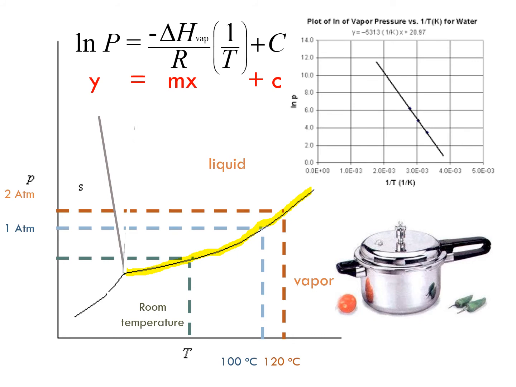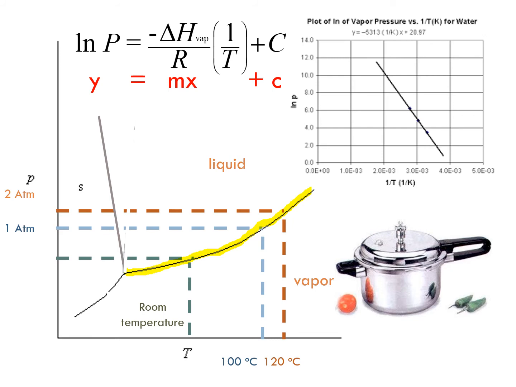So you can see that if you plot on the y-axis the logarithm of P, and if you plot on the x-axis the reciprocal of the temperature in Kelvin, you get a straight line with a negative slope. The intercept is C, the point at which the graph crosses the y-axis.